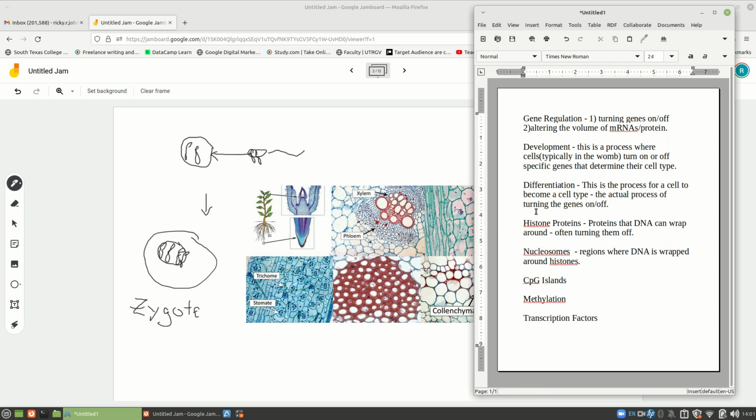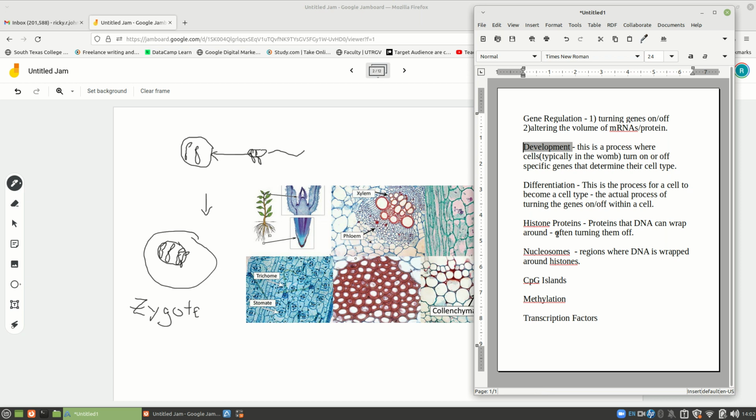All right, and I'll put this within a cell. So, understand the differentiation is what a cell will undergo, and when all cells are doing it at the same time, when you're developing in the womb, we call that development.